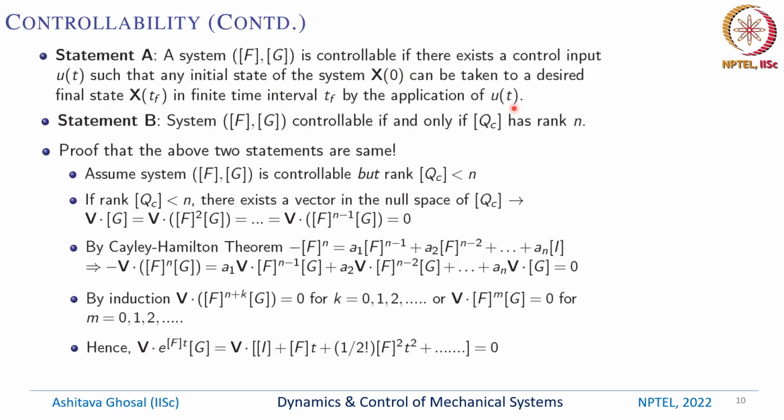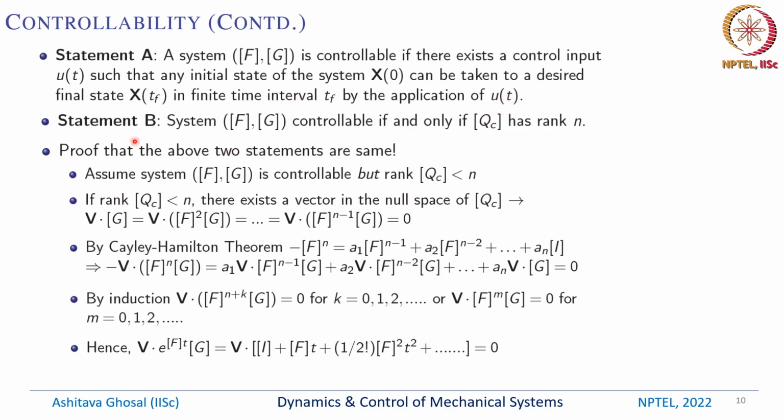So it's a very basic definition of a system being controllable: I can go from any initial state to another desired final state in finite time by applying the control input u of t.